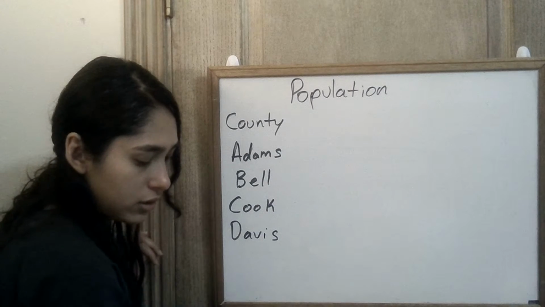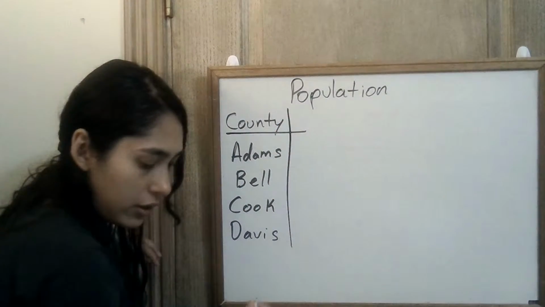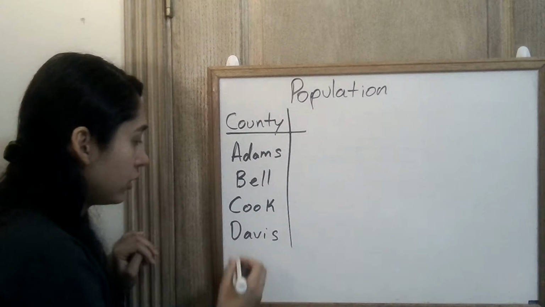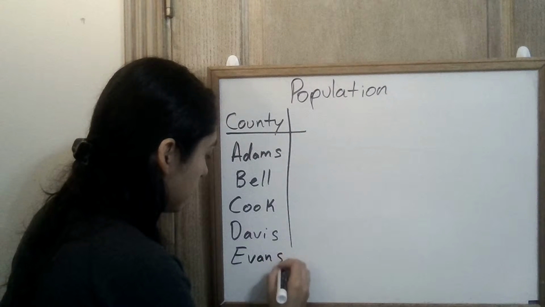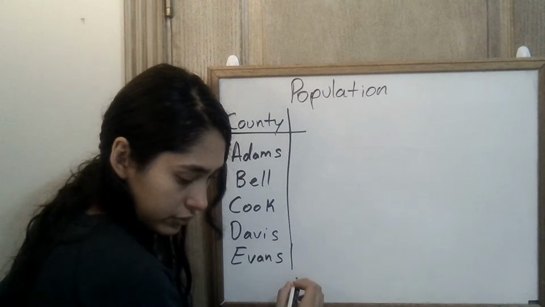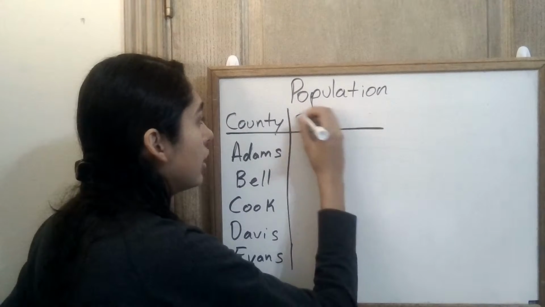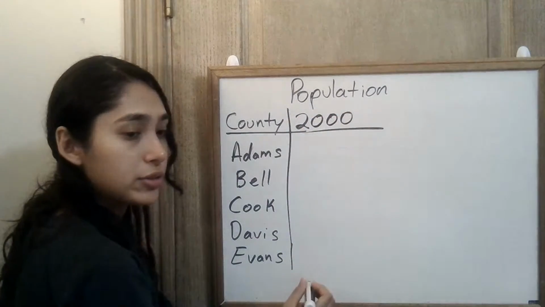All right, so those are the counties. Next, we're going to be talking about their populations. So Evans. Population in the year 2000. That was 20 years ago.